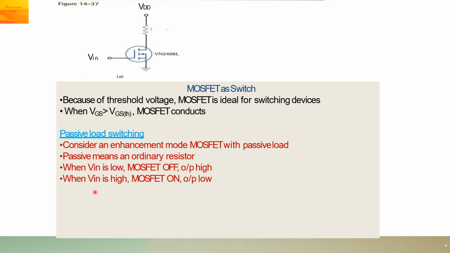When Vin is high, the MOSFET will turn on and then the output will come down, or it will be low. So the circuit is acting like an inverter. When Vin is low, output is high. When Vin is high, the output is low. So the output is opposite of the input.